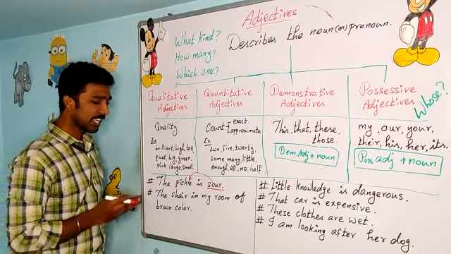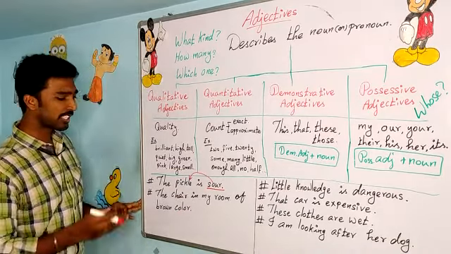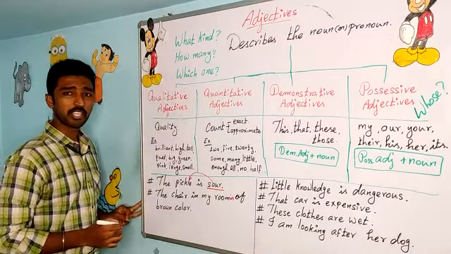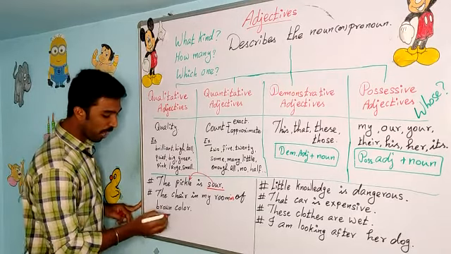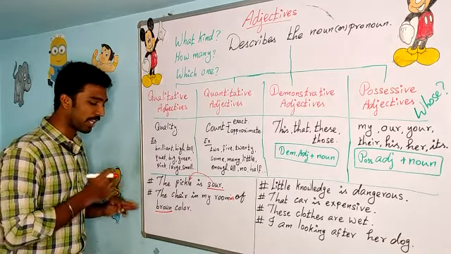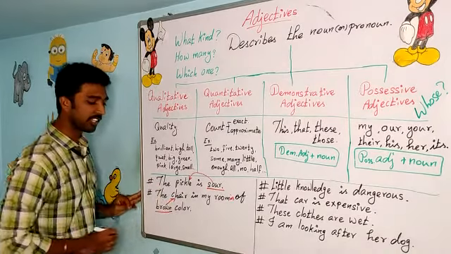And this next sentence: the chair in my room is of brown color. Here, what's the adjective? Brown. Another qualitative adjective, the color of that chair. It reveals the quality of the chair.